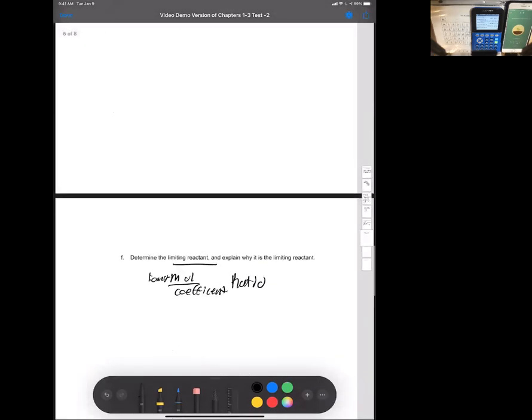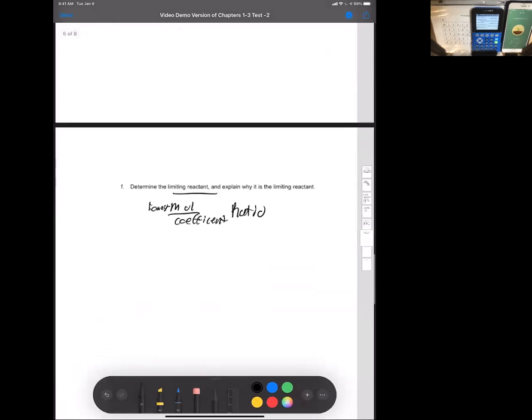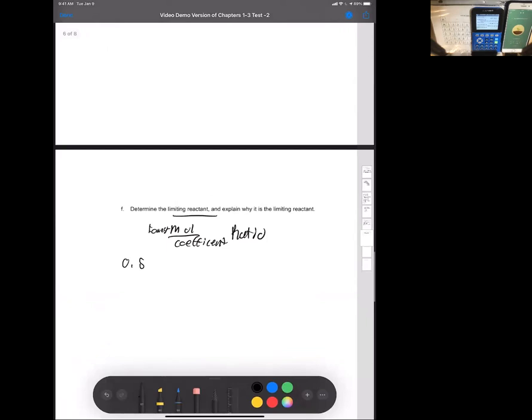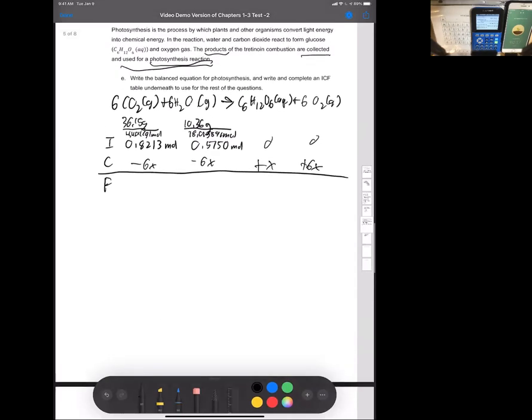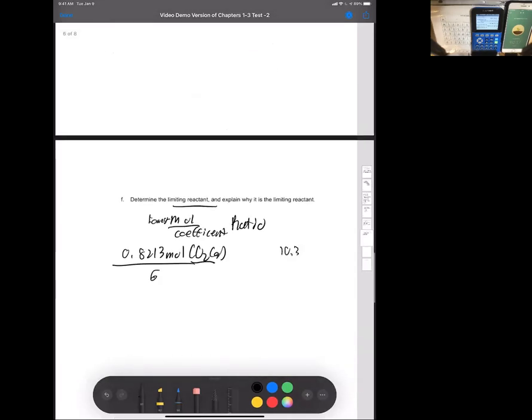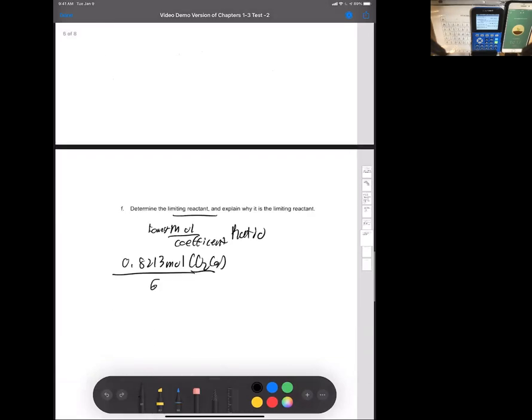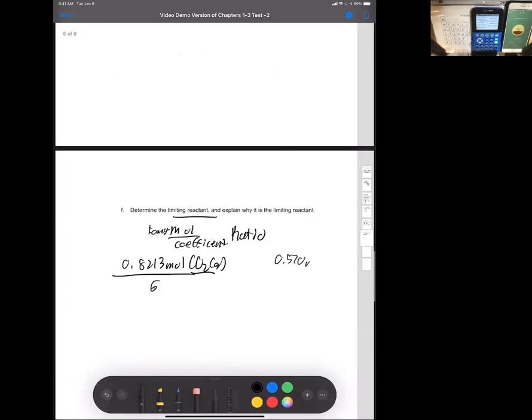We take the moles of carbon dioxide over the coefficient, which is 6, and set up an inequality, and then take the other one, moles of H2O over 6.